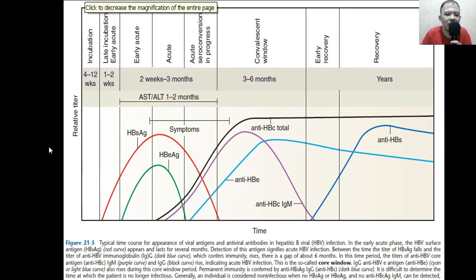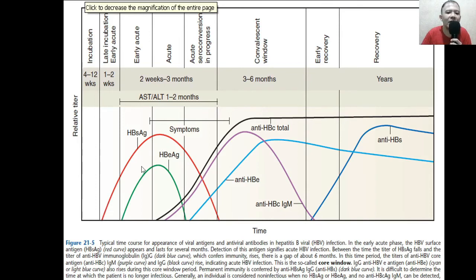It just means that at this part, when antigens are more prominent, the antibodies are lesser in amount, because when an antigen interacts or forms a complex with an antibody, there's a cancellation. I think it's the law of cancellation. So don't get it wrong. At this point in time, there are already antibodies.